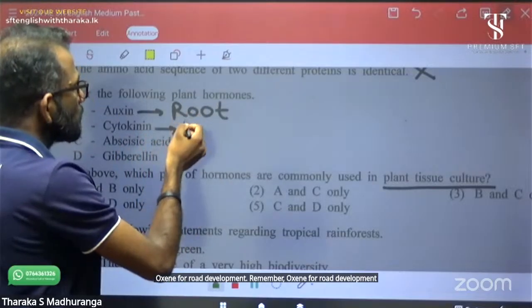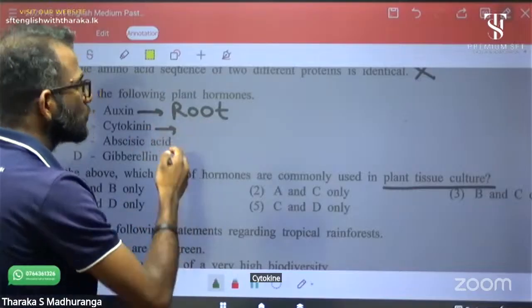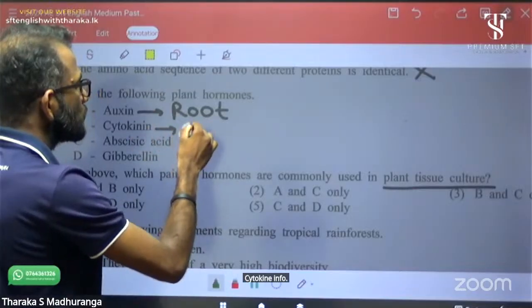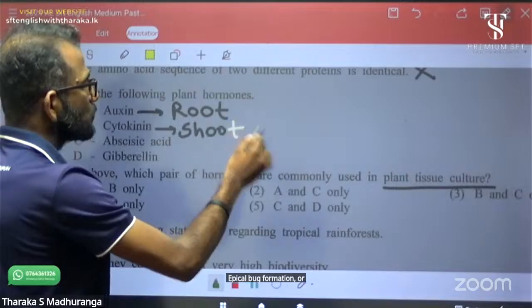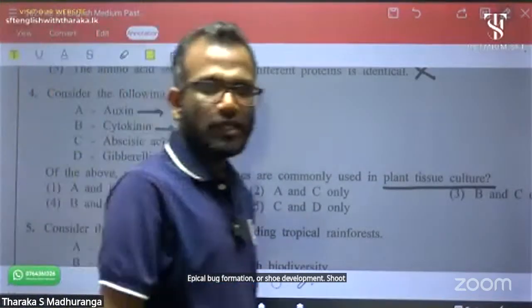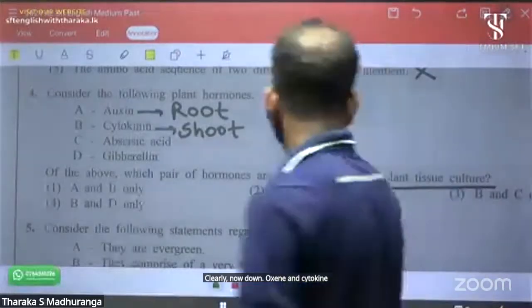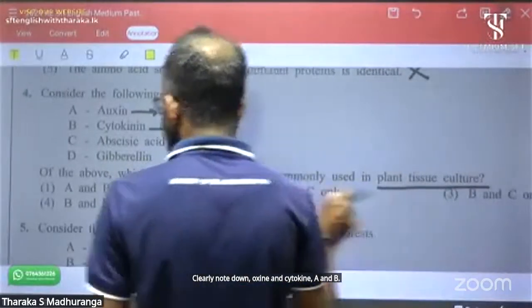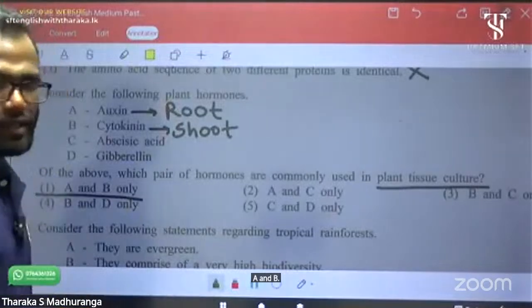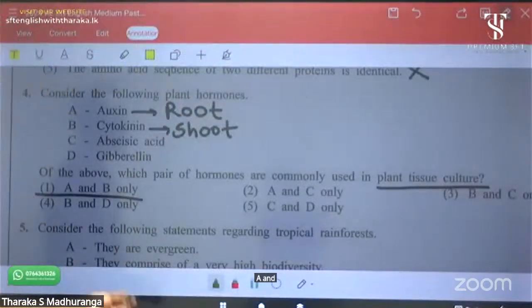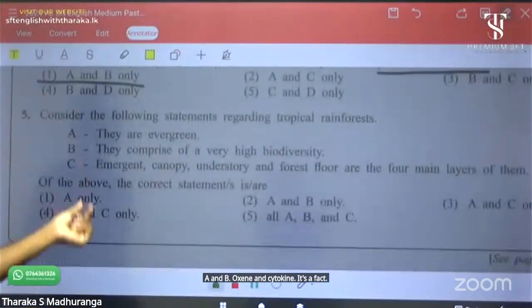Cytokinin for apical bud formation or shoot development. Clearly note down. Auxin and cytokinin, A and B. It's a fact.